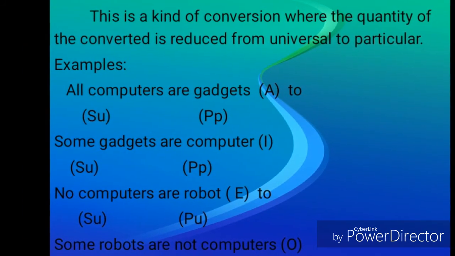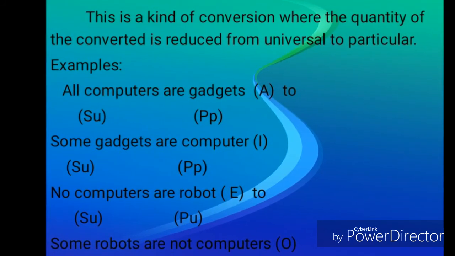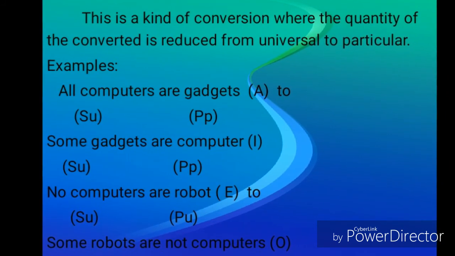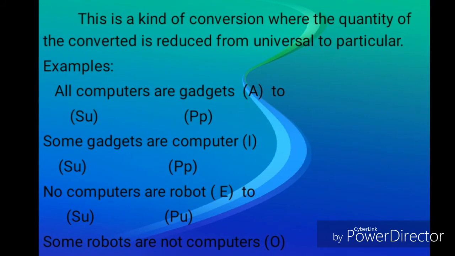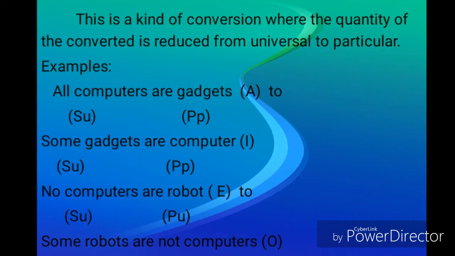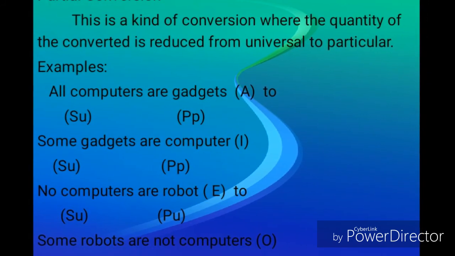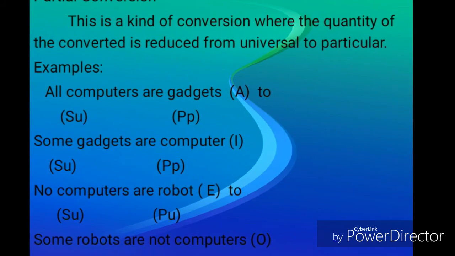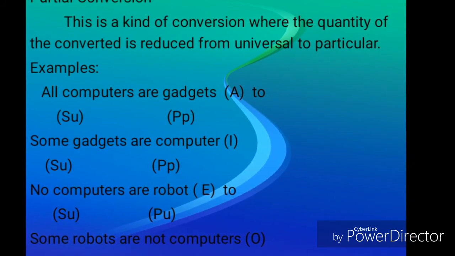Partial conversion. This is a kind of conversion where the quantity of the convertend is reduced from universal to particular. When we say partial, the quantity of the converted proposition is decreased from universal to particular.